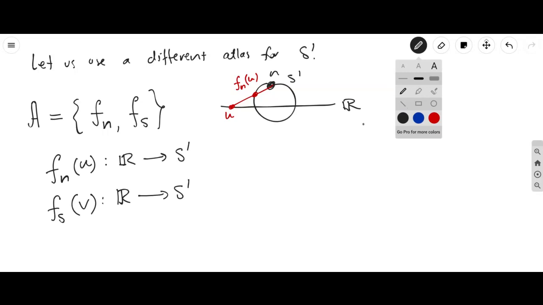So for the other one, you have the South Pole. And the way this one works is if you have, let's say, V, it does not matter where it is, you draw the line. And where that intersects, you call that Fs of V.